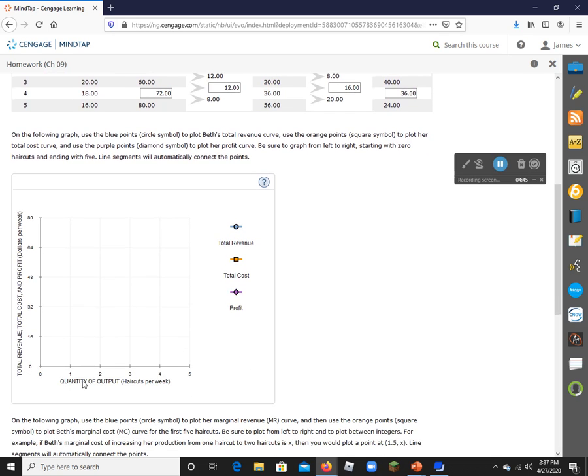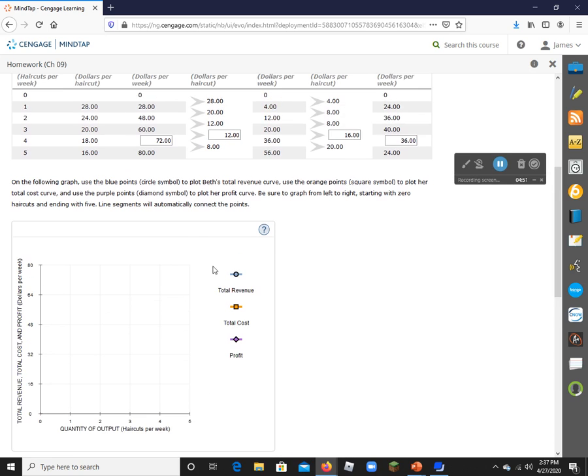So on the y-axis we have total revenue, etc. Quantity of output. For each output, we'll graph the total revenue. So for 0 units of output, its total revenue is 0. For 1 haircut, her total revenue is $28. All we're graphing is this row compared to the number of haircuts.